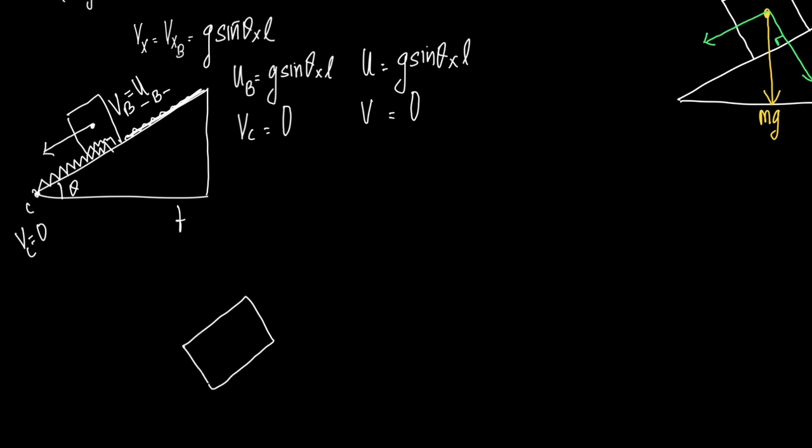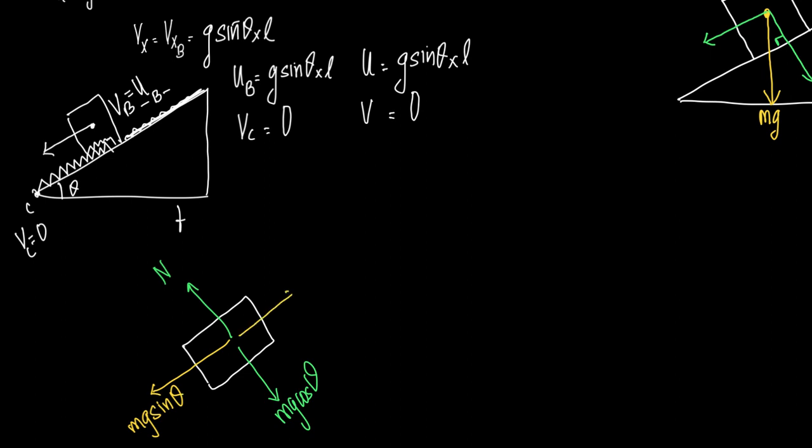So we have the body here. Now see, okay, let us not skip that. So normal reaction acting perpendicular to the contact surface. The weight component acting perpendicular is mg cos theta. We know that the force along the incline is mg sine theta.